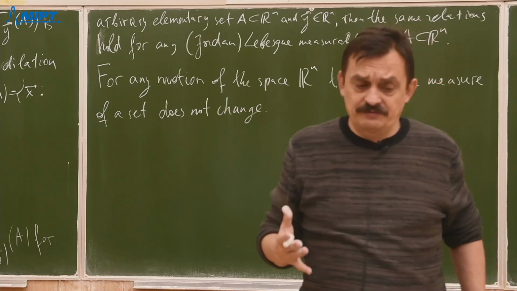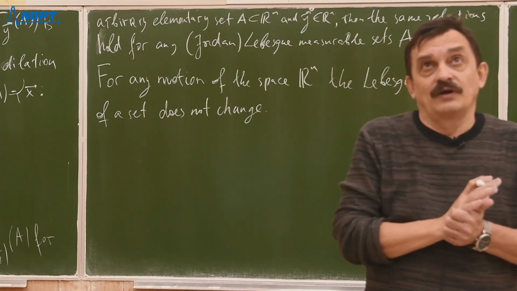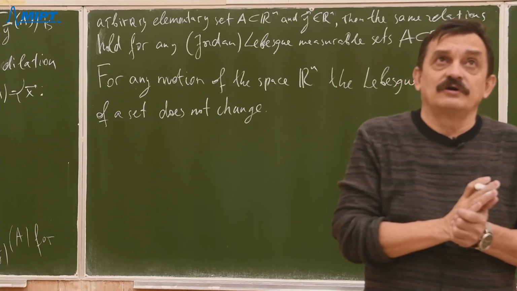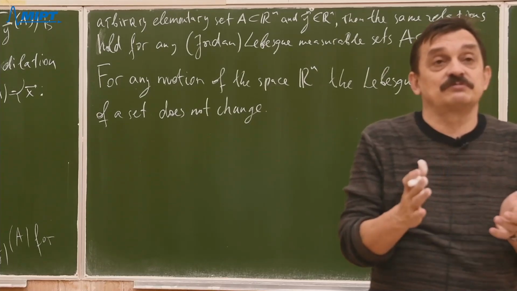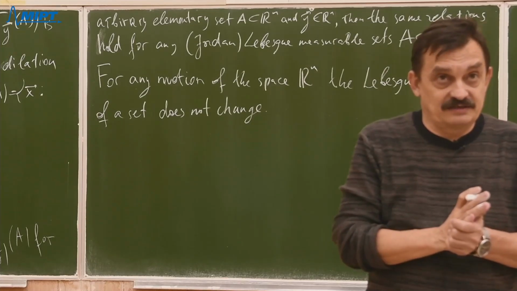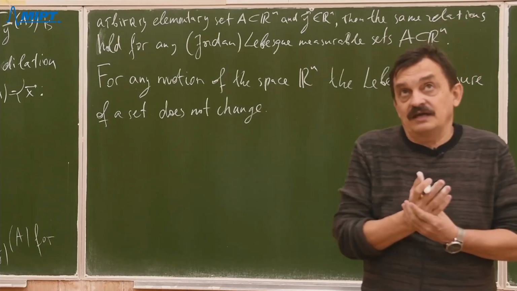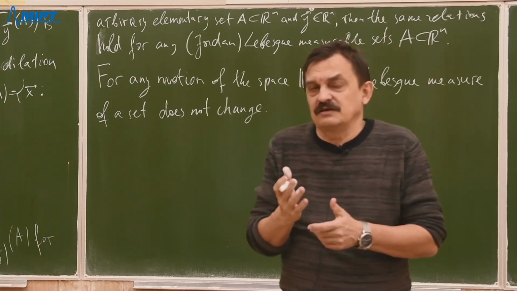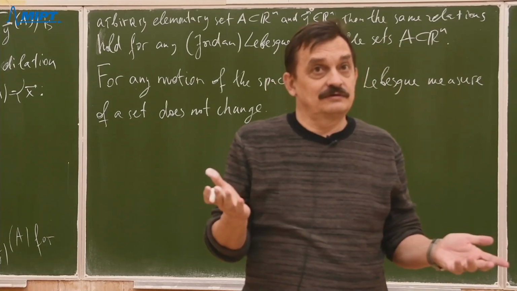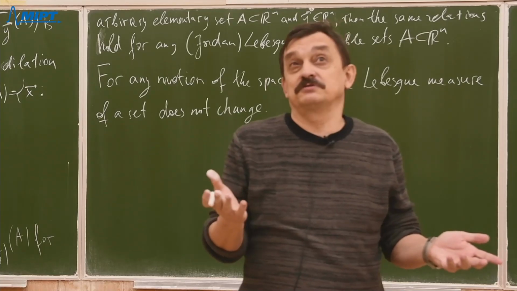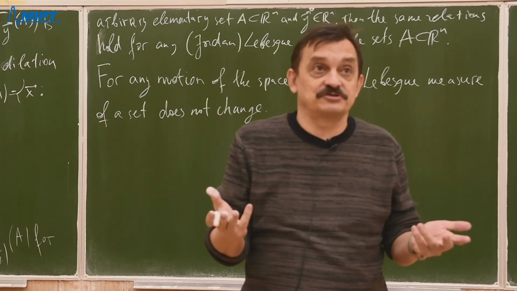And in fact, it turns out, for a long time there was a problem. Okay, so you see, I gave you an example of a set which is not measurable in Lebesgue sense, right? So then you can say, okay, maybe Lebesgue was not very good, and it is possible to create some other notion of the measure, right?